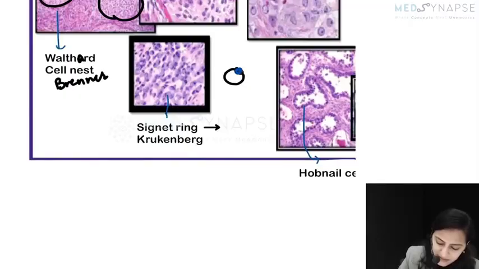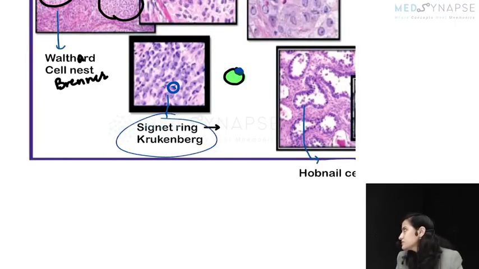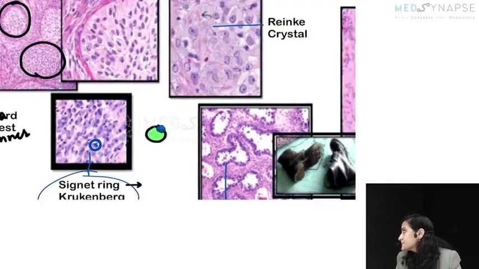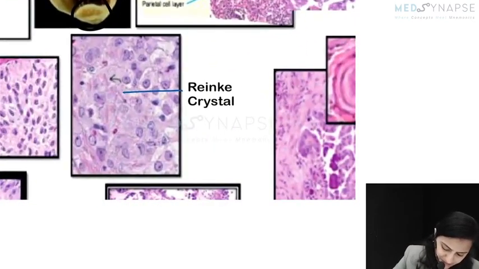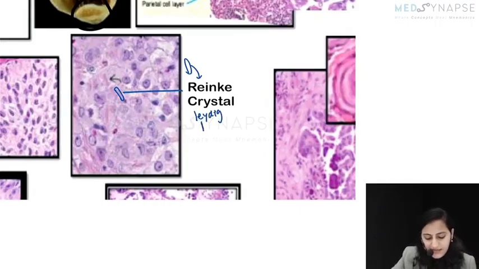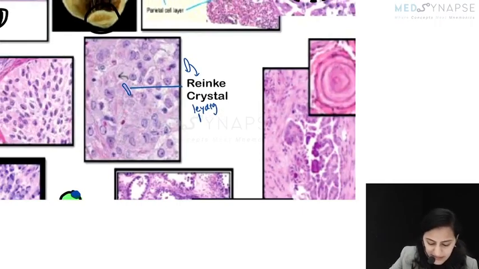Basically the nucleus is going to the periphery because यहाँ पे सब पूरा mucin होता है. So signet ring has the cells which has the peripheral nucleus. Signet ring, Krukenberg. Where you just see the appearance like this, the Reinke's crystal, Leydig. L, Leydig, Hilus cell. Right? It is just like the L.